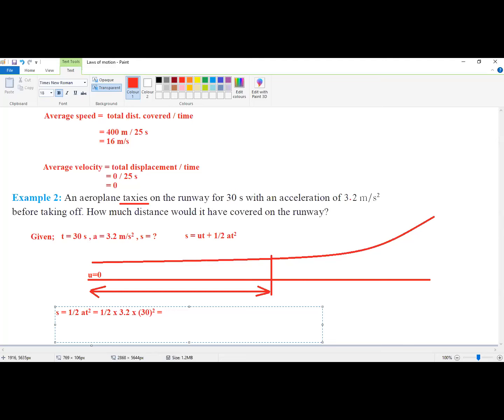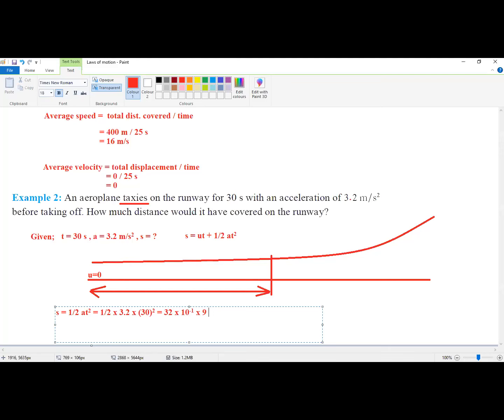1 half means 0.5. Otherwise let's write this: it is 32 into 10 raised to minus 1, and 30 square, which is 900.